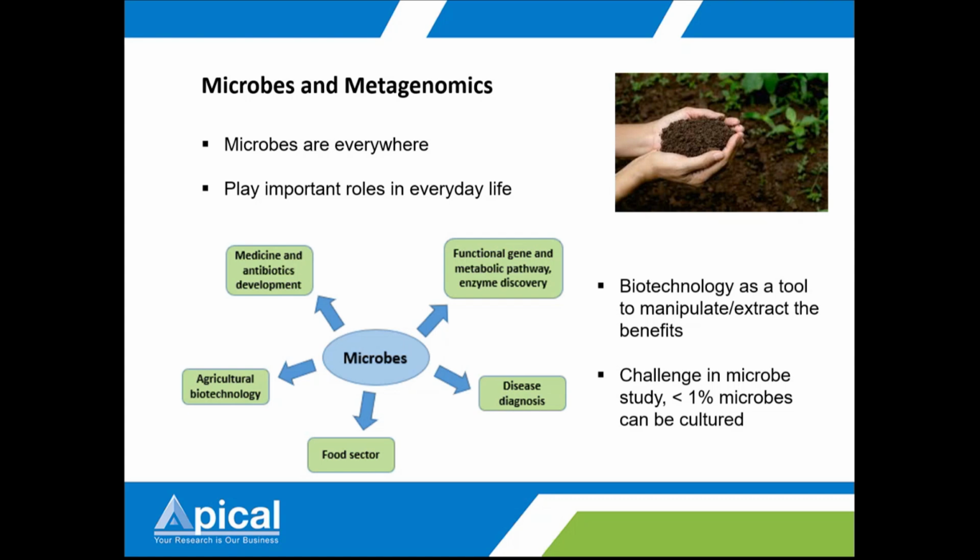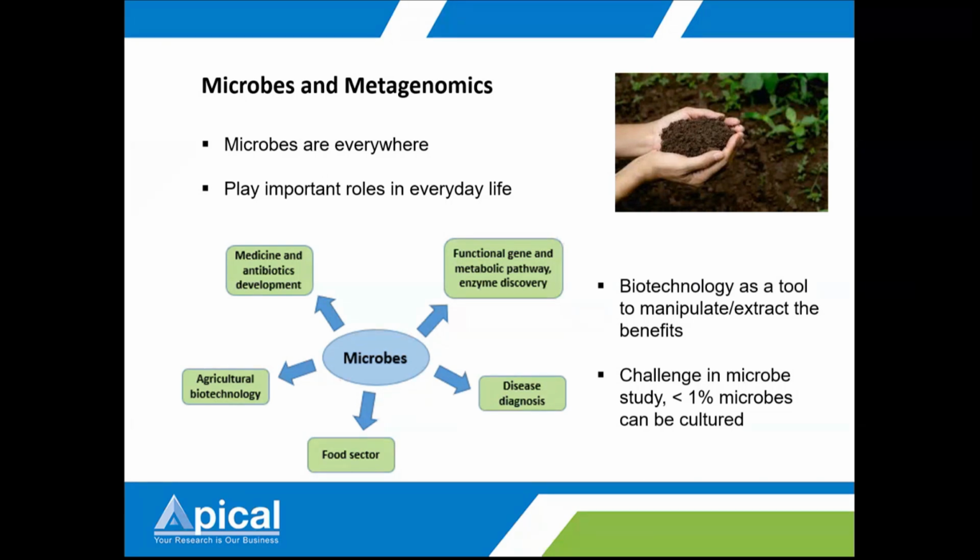Other than that, the importance of microbes is that we can use them to monitor environmental health, such as in agriculture, where we can study which microbes or bacteria contribute to better crop production. Or in the food industry, we can use them to monitor food processing to ensure a high quality product.